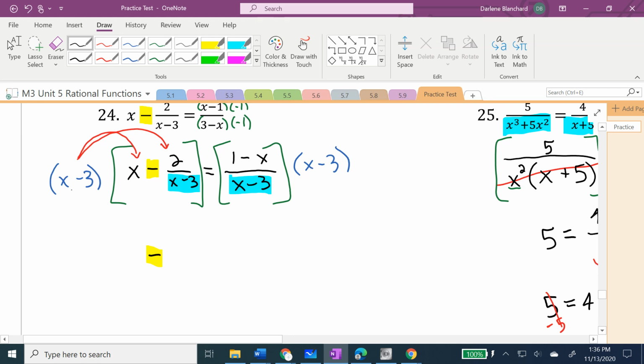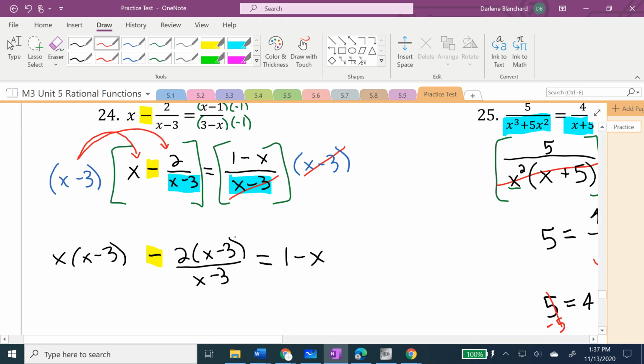And I'm going to write it slowly. I have an x minus 3 times x. I have a 2 times x minus 3 over x minus 3. And on the other side, you can just see right away the cancellation. And then as I look over to the center, I see that this also creates a cancellation.